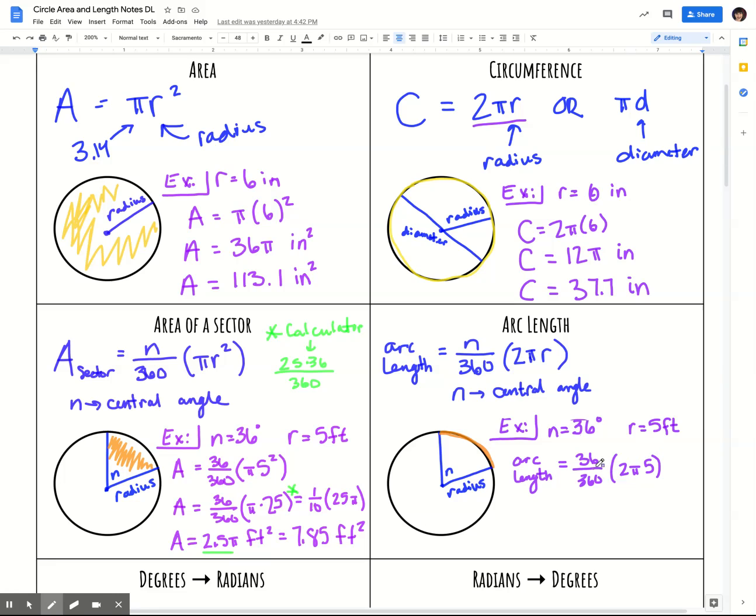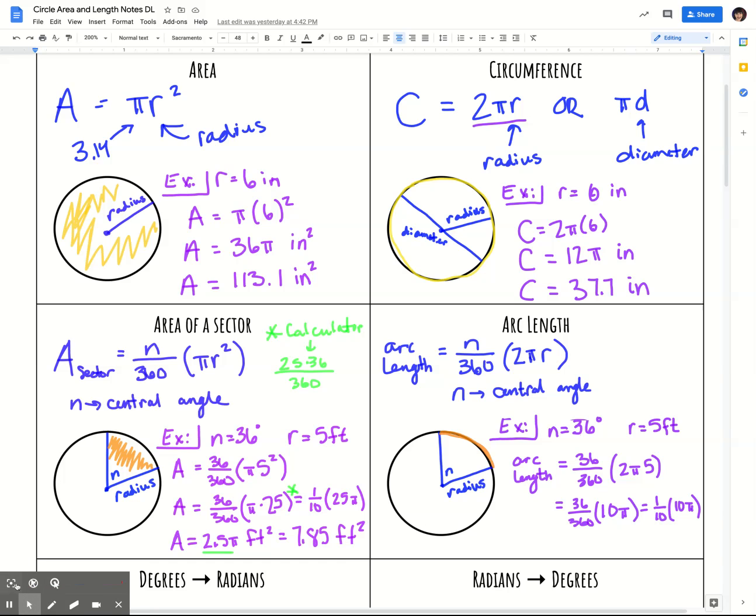Okay, so I'm going to deal with what's inside my parentheses first. So that's still 36 over 360. And then 2 times 5 is 10. And then I'm going to leave my pi. Now at this point, you can either reduce the fraction, which would give you 1/10 times 10 pi, or you can just plug all of this directly into your calculator, right?